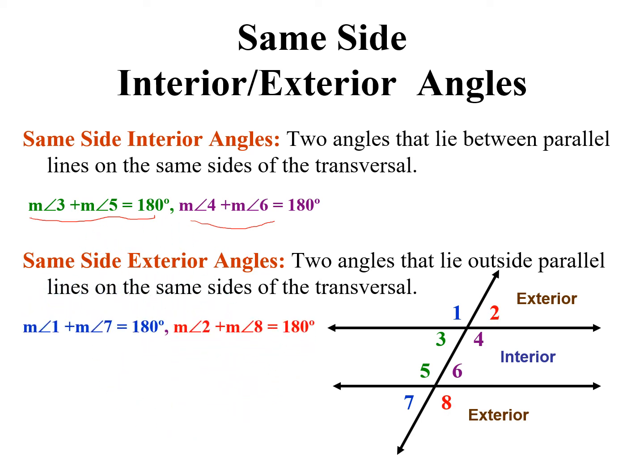The sum of the same side exterior angles is also supplementary, which means it is equivalent to 180 degrees. So the measure of angle 1 plus the measure of angle 7 is equal to 180 degrees. Same as with the measure of angle 2 plus the measure of angle 8, which is equal to 180 degrees.